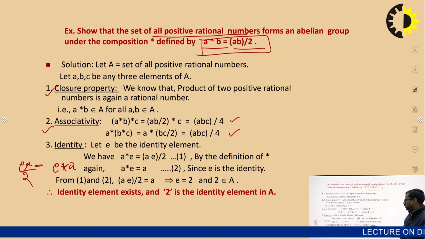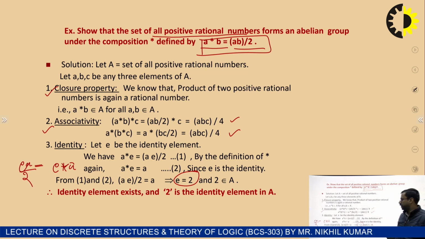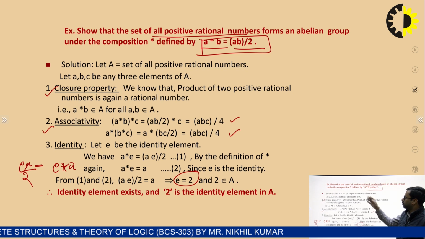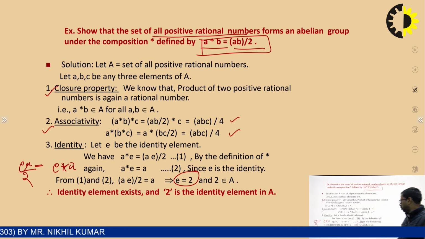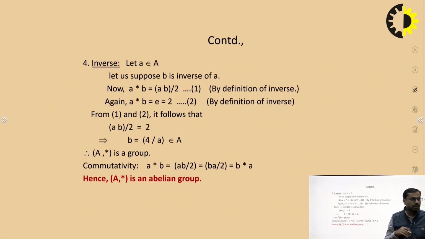So from this we calculate the identity element e equal to 2. That means the existence of the identity element is a property of the group. The next property is the inverse property.